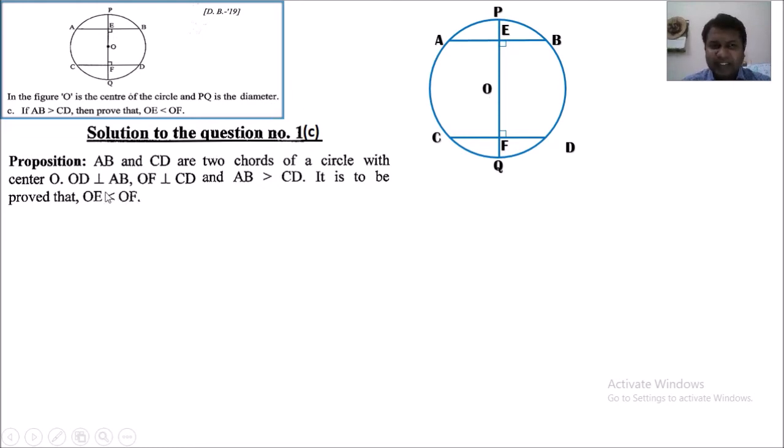So OE is perpendicular to AB, OF is perpendicular to CD, and AB is greater than CD. It is to be proved that OE is smaller than OF. Now we are going to join OA and OC.